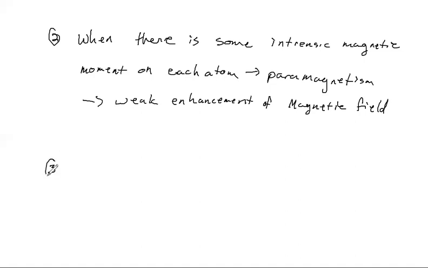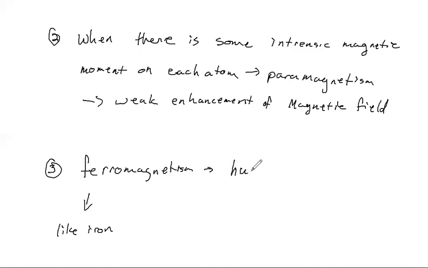There's a third case, which is called ferromagnetism. Ferrous refers to iron, so these are materials like iron. And these have an anomalously large, huge magnetic response.